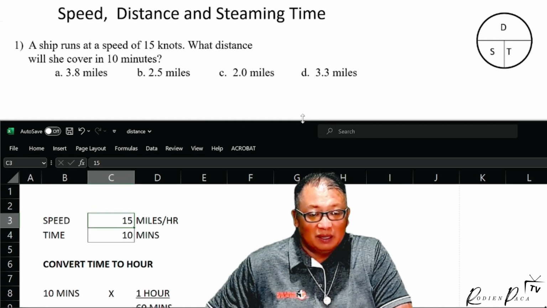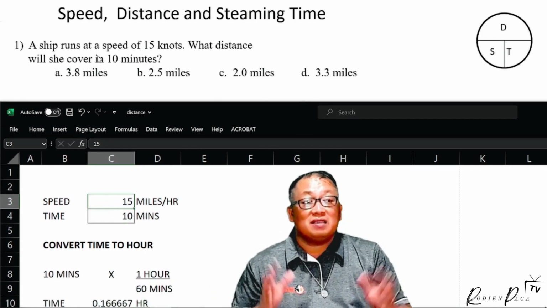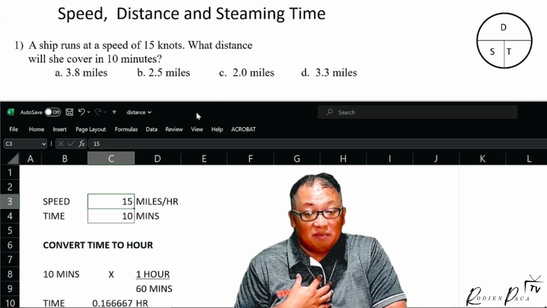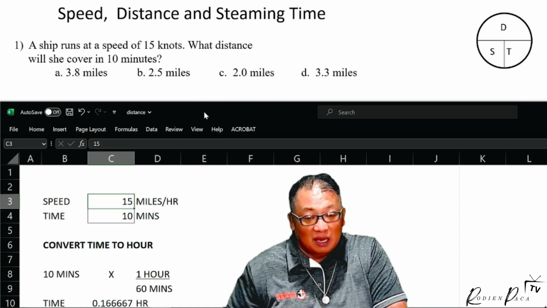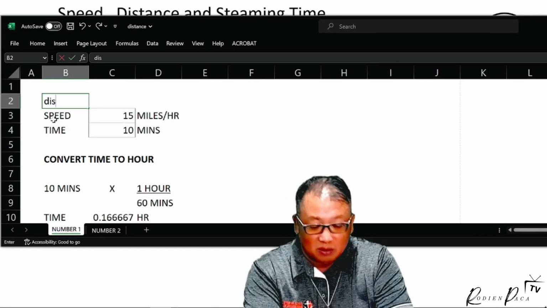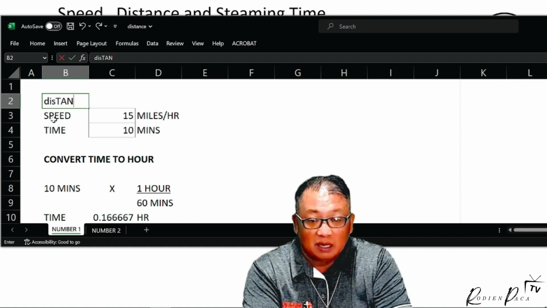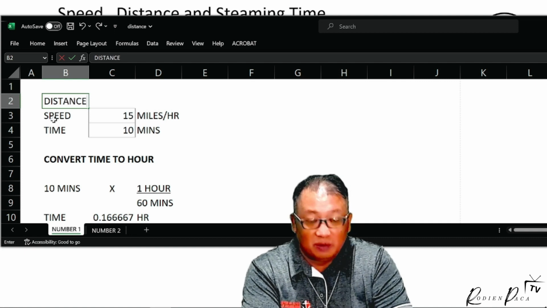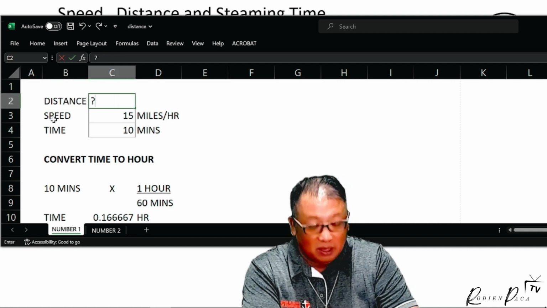Ship runs at a speed of 15 knots. What distance will she cover in 10 minutes? So, speed and time only. They're looking for the distance. We are looking for the distance, and this is actually a question mark.